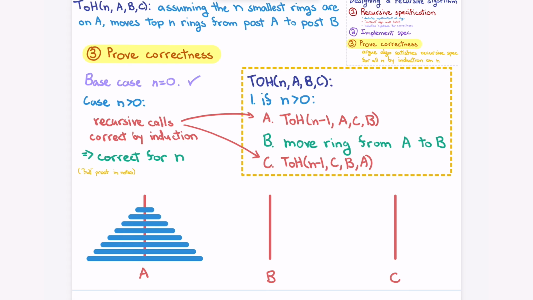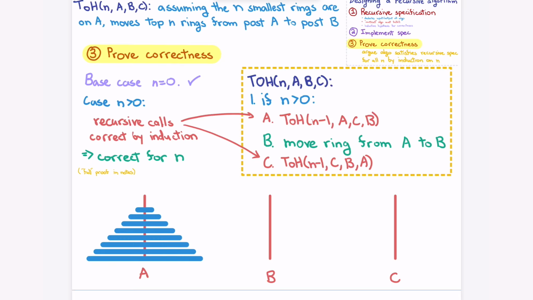Here I think the previous step tells you that you've moved the top n minus 1 rings from A to C. So you know the top n minus 1 rings are on C, and in particular not on B and not on A. Well, okay, I guess writing proofs is going to be a little bit touch and go until we get a little more used to it.